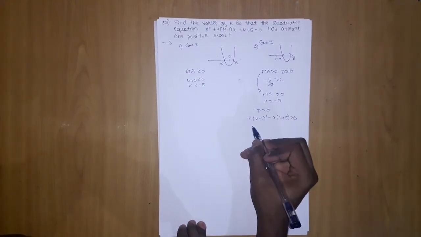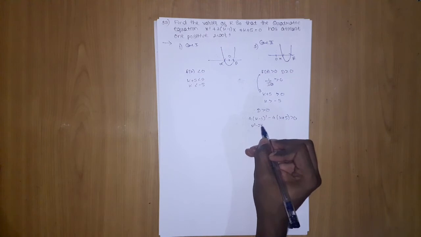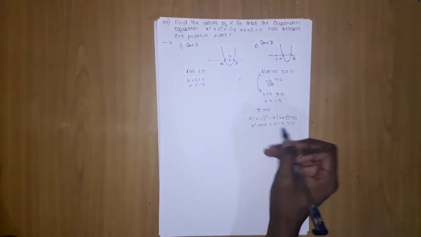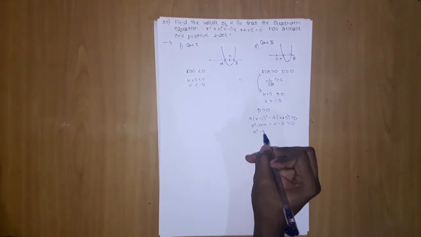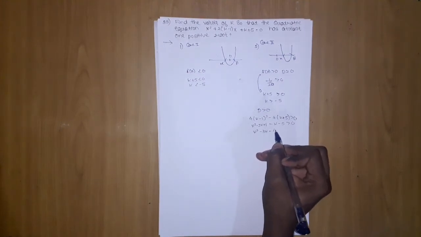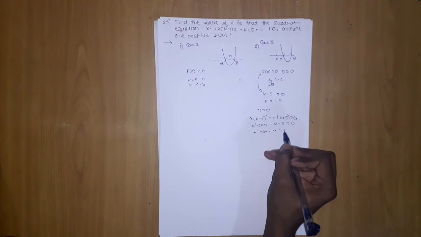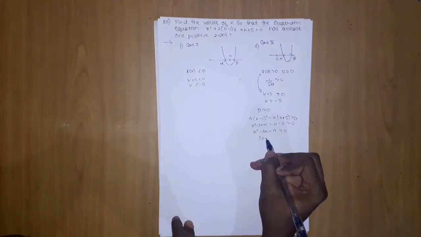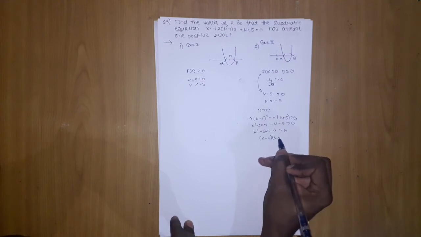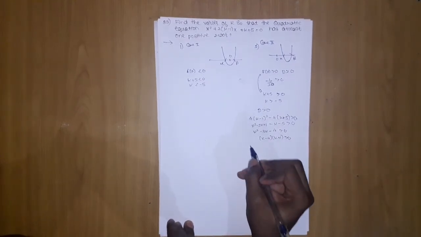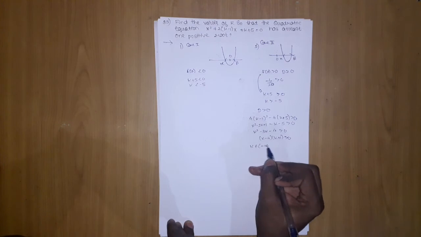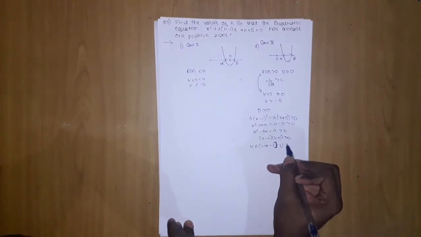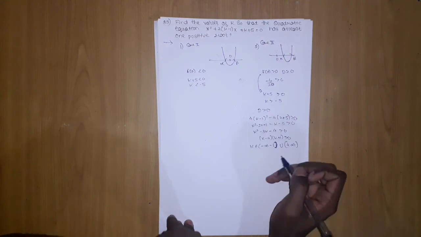So we get k square minus 2k plus 1 minus k minus 5 greater than 0, that is k square minus 3k minus 4 greater than 0. From here, (k minus 4)(k plus 1) should be greater than 0, so k belongs to minus infinity to minus 1, union 4 to infinity.